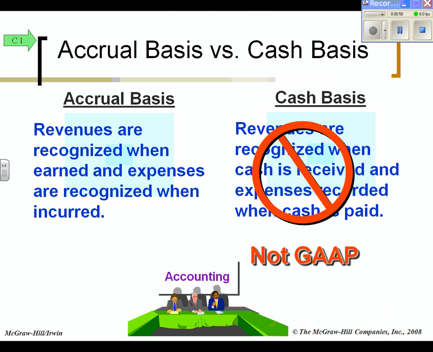Cash basis is not GAAP. It's not generally accepted accounting principles. So to be within the standards, you need to use accrual basis accounting. All right, so for the rest of this course and the rest of this chapter, we are just focusing on accrual basis accounting. And what I mean by that, in this chapter, we're going to focus on the income statement.